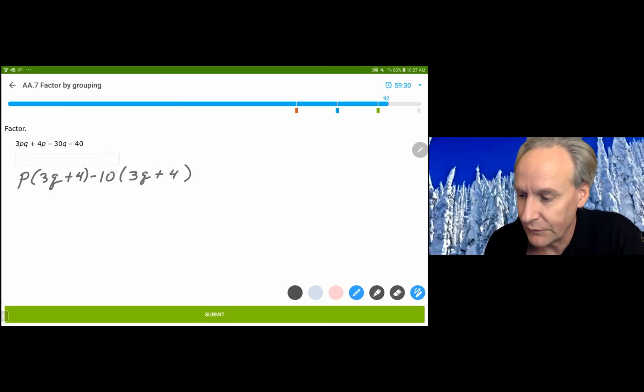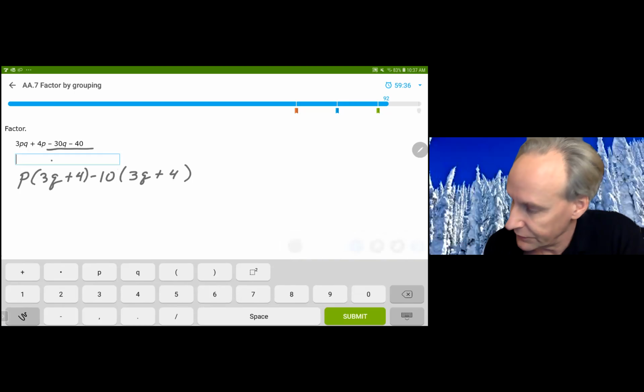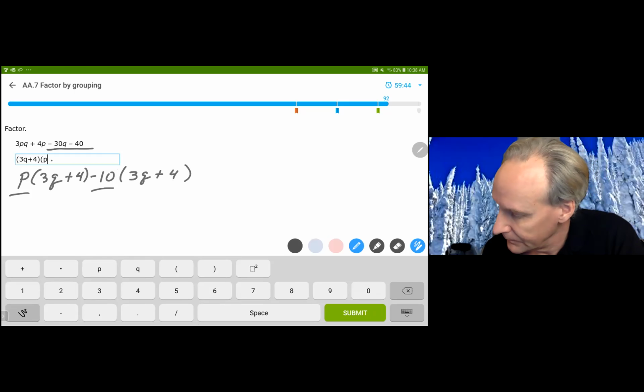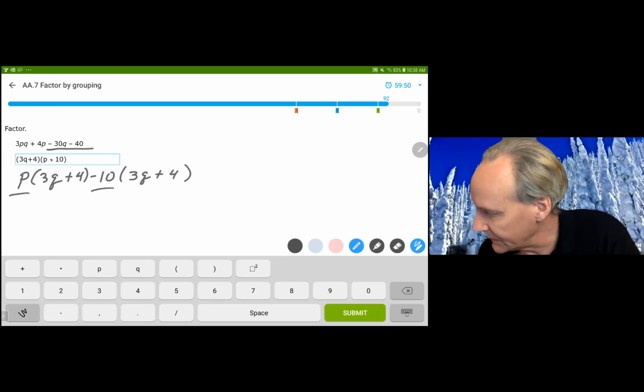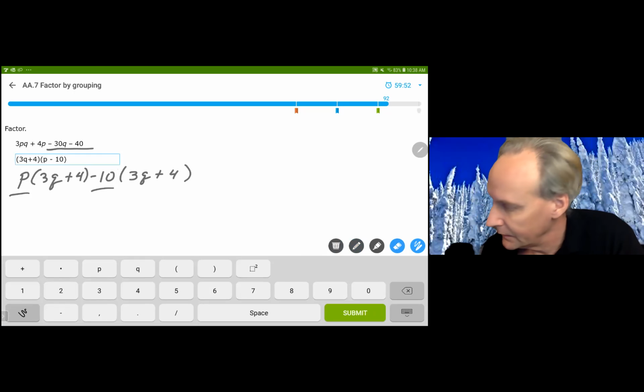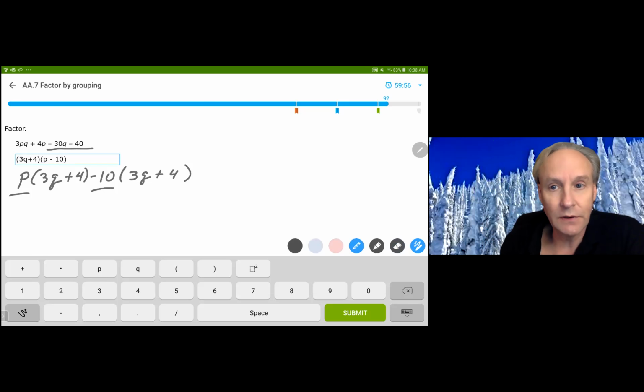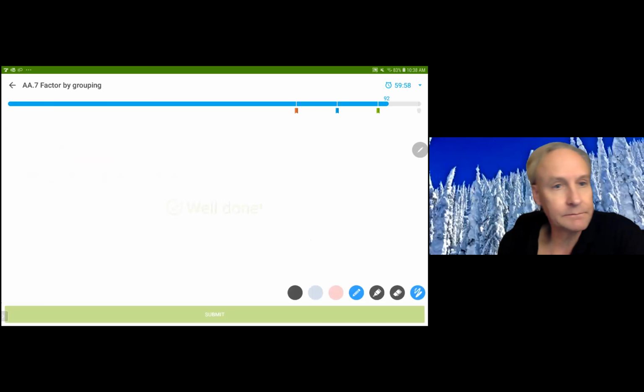A little different than what we've seen before. We had to take a negative out of both parts. So we have a 3Q plus 4, and left inside is the P minus 10. And of course, I spaced out that P minus 10 a little bit for you so you can see it. And that's it. No more factoring.